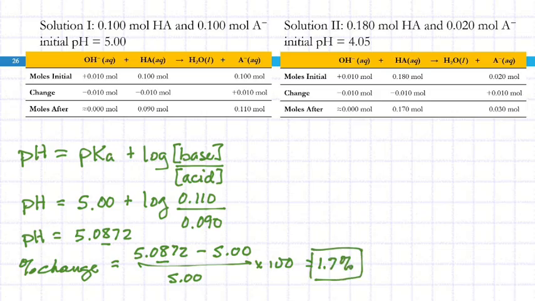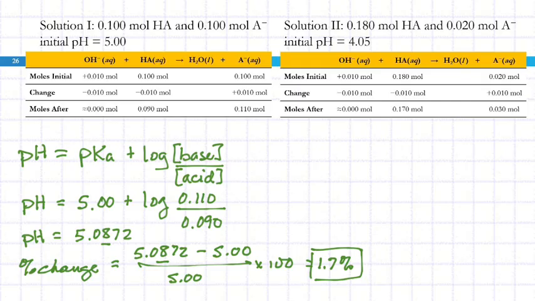So that buffer had a 1.7% change. Everybody okay with that? You guys awake? Yeah? Well, half of you. That's okay.